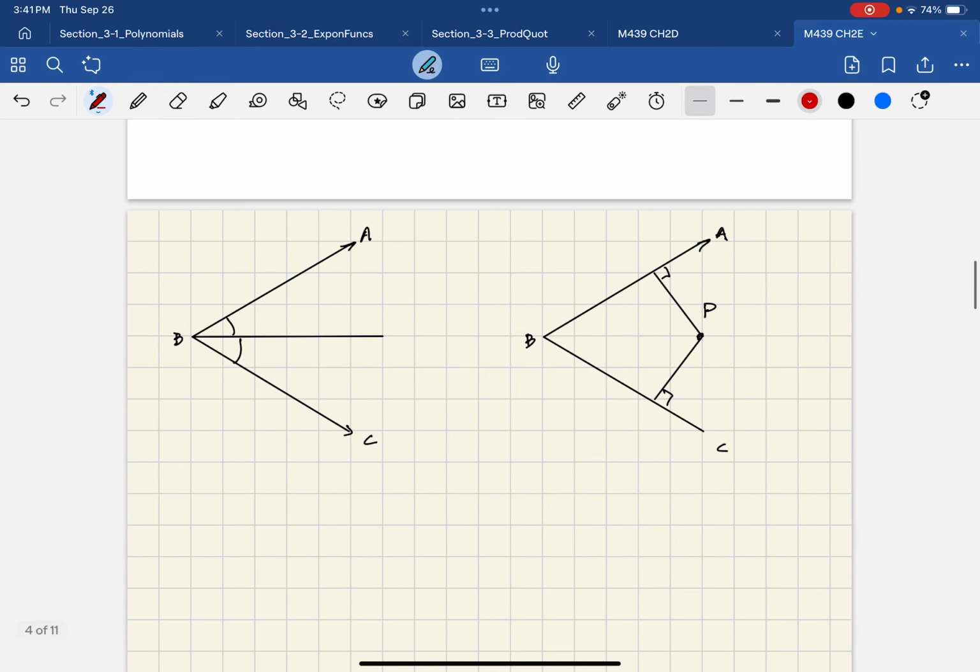Okay, so we have two things to prove. This is a biconditional, so we have to prove it both ways. So let's go forward first.